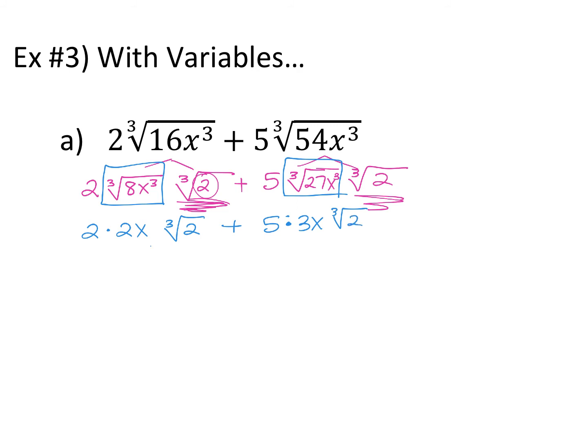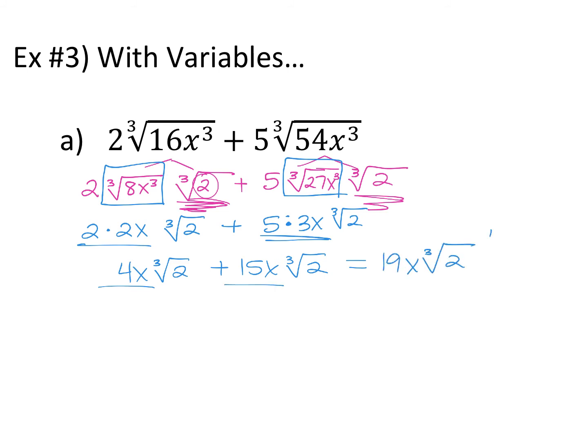Okay, so keep going. This is 4x cube root 2 plus 15x cube root 2. Add those together. 4x plus 15x is 19x times the cube root of 2.